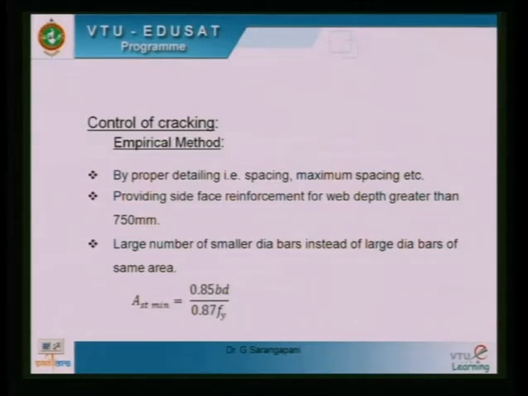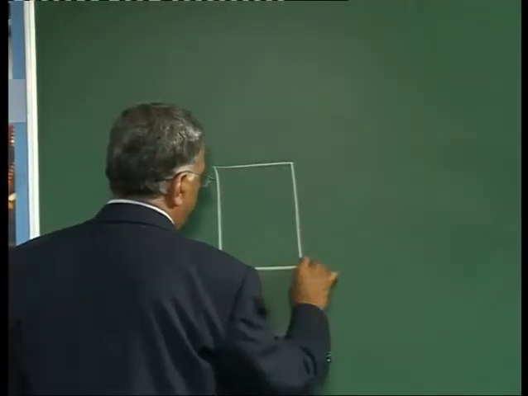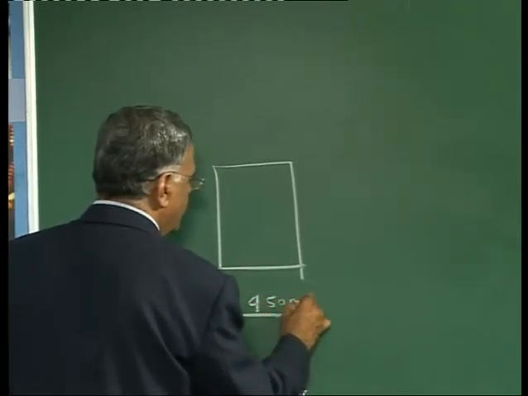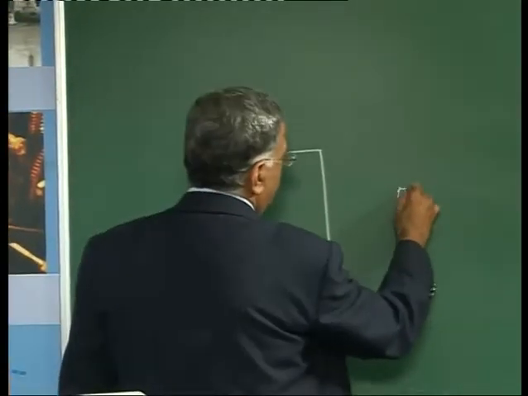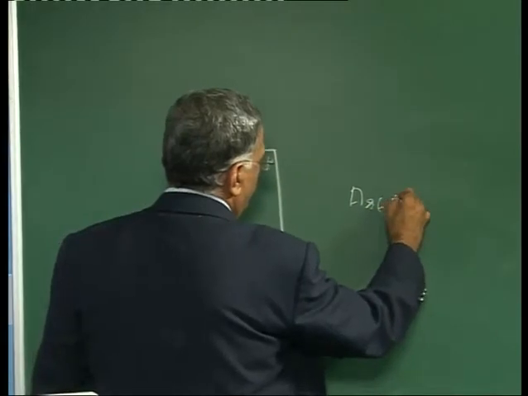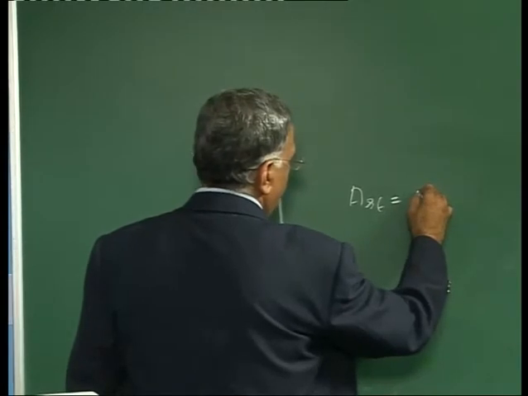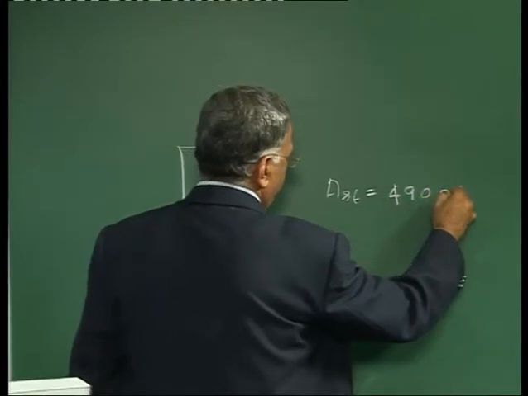In other words, suppose you have a beam like this. Let us assume the width of the beam as 450 mm. Let us also assume that this beam requires a steel of AST equal to around 490 mm square.